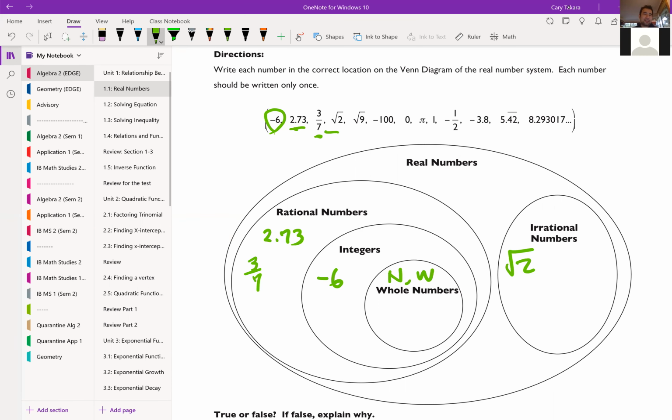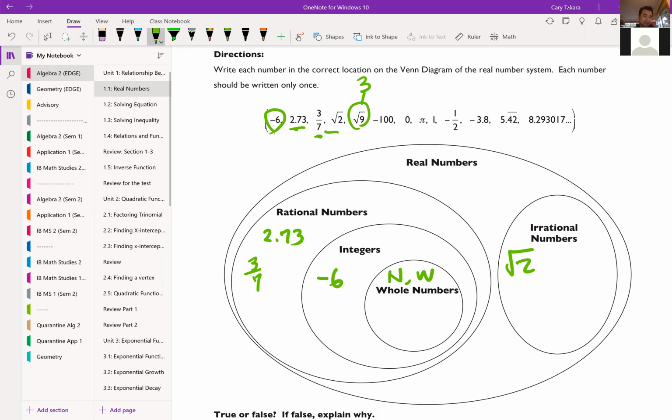But then you see square root of 9. Now, square root of 9 is not irrational, even though it's a square root, because you can simplify. What is the square root of 9? Square root of 9 is 3, isn't it? Now, what is a 3? So where would you put 3?